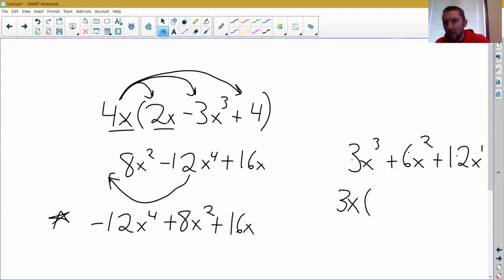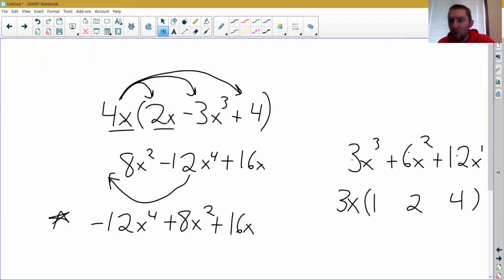And then after I have decided what the greatest common factor is, what the common terms are that I can factor out, I'll write in the parentheses what's left when I divide away that common factor, okay? So I divide each of the numbers by 3. 3 divided by 3 is 1. 6 divided by 3 is 2. 12 divided by 3 is 4.